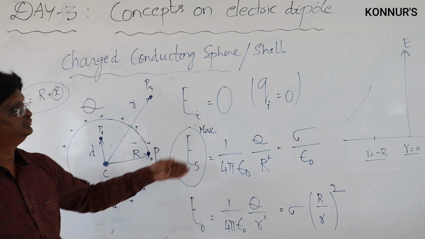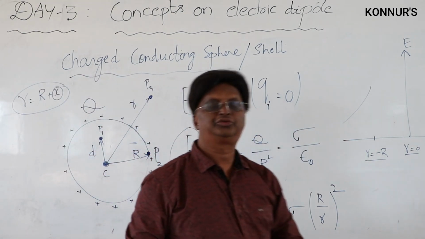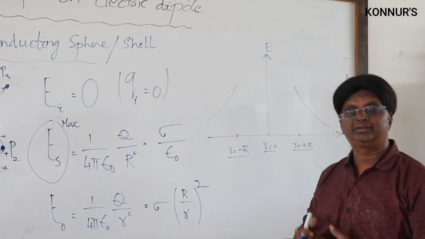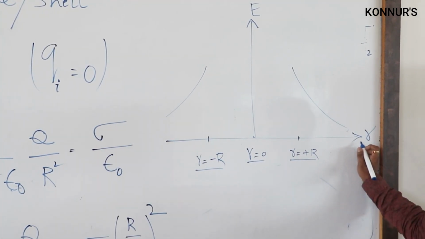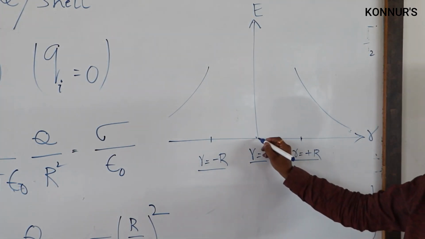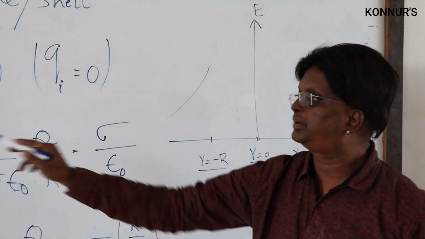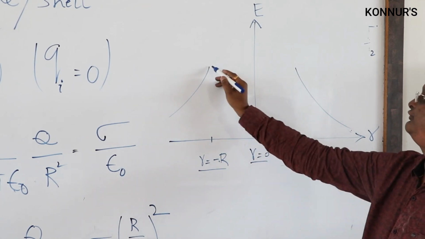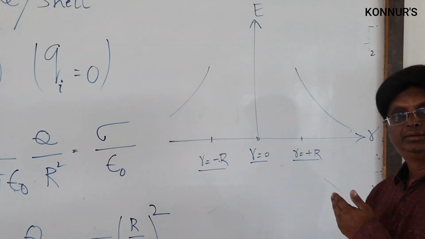Now these results are sometimes asked as a graphical analysis. You can see here I have shown a simple graph, intensity versus distance from the center. The x-axis is the distance, the y-axis is the intensity. Here r equal to 0 represents the center, and r equal to minus R and r equal to plus R represent the surface. From minus R to plus R there is no graph; the graph is completely discontinuous.